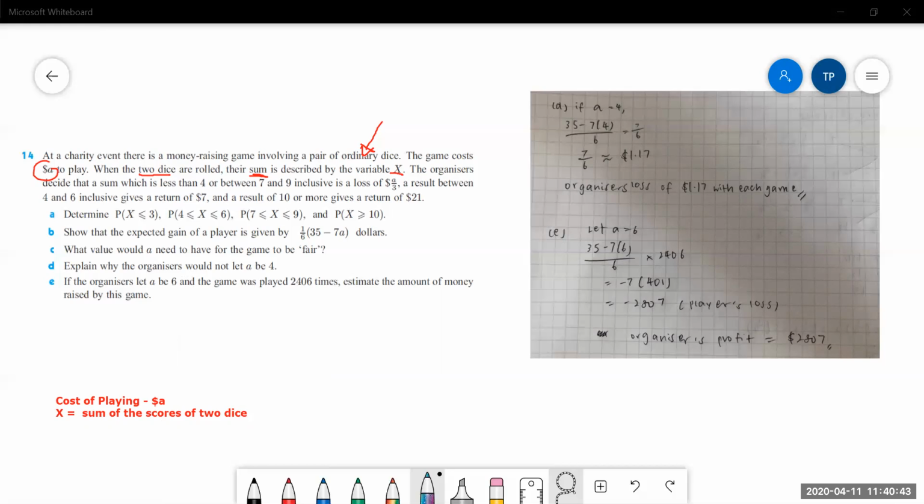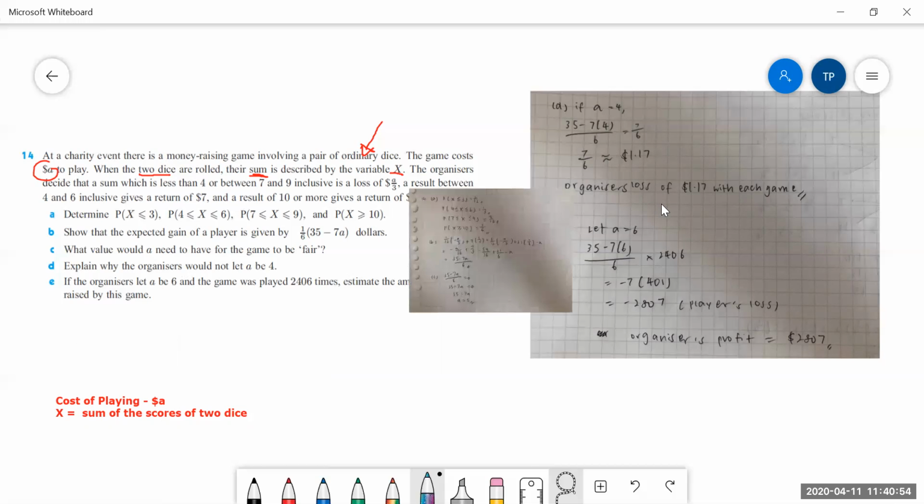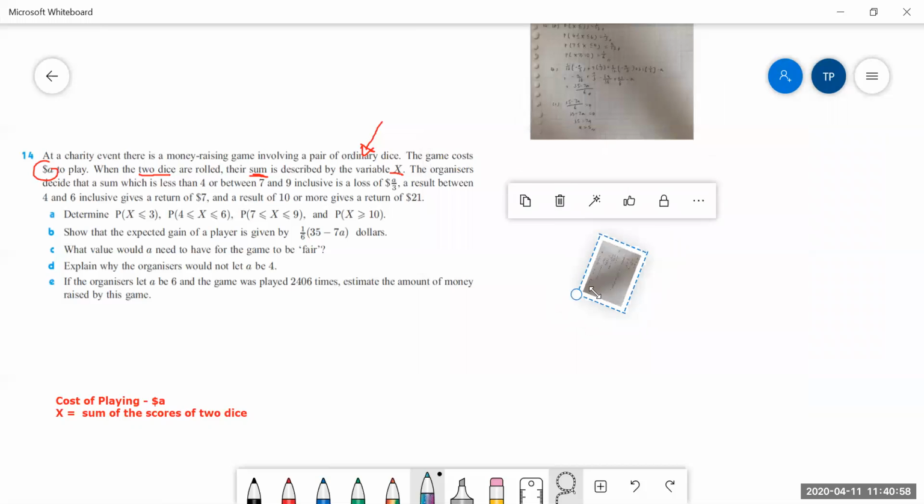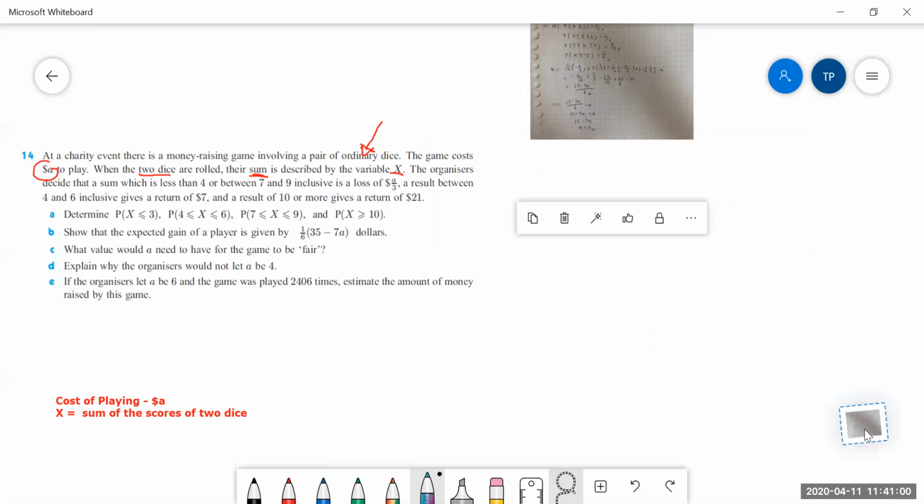Oh, sorry, it's at the top. Okay, let's minimize this first. Let's put it at the corner.